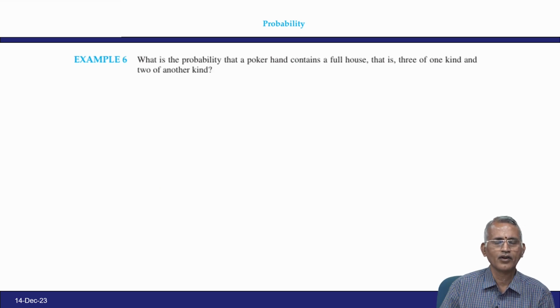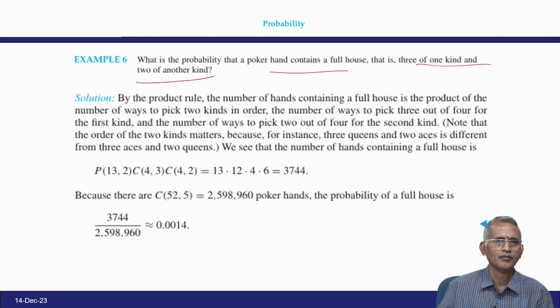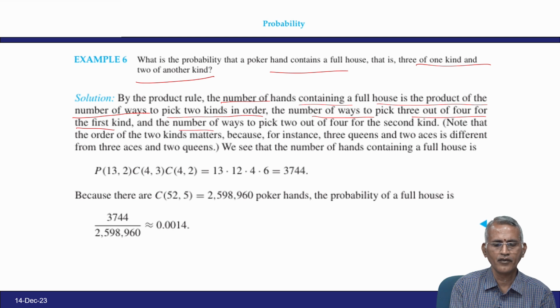Next example, what is the probability that a poker hand contains a full house, that is 3 of one kind and 2 of another kind? By applying the product rule, the number of hands containing a full house is the product of the number of ways to pick 2 kinds in order, the number of ways to pick 3 out of 4 for the first kind, and the number of ways to pick 2 out of 4 for the second kind.